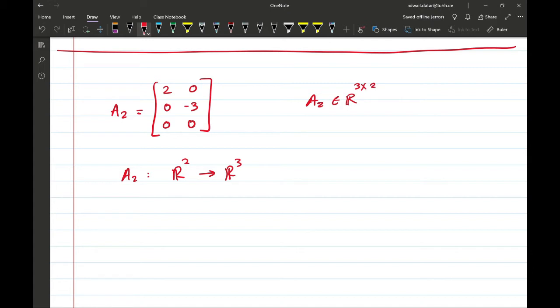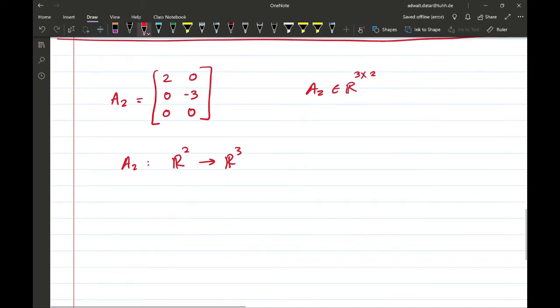The input to A2 are two-dimensional vectors and the outputs are three-dimensional vectors. So let's choose the two canonical input vectors and have a look at the output.